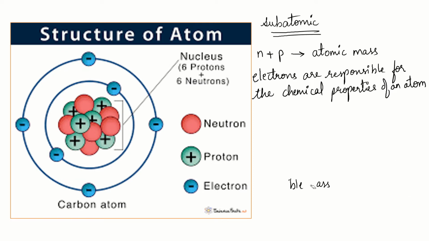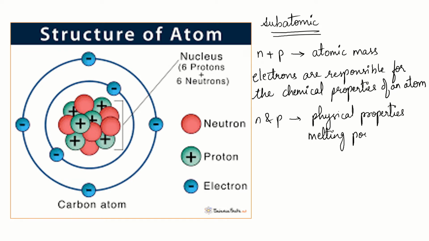They never leave the nucleus, they are tightly bound in the nucleus to the neutrons. So it is the electrons that actually participate in the chemical reactions, and that's how you can say that electrons define the chemical properties of an atom, whereas the atomic mass, or the neutrons and protons, are responsible for the physical properties of a particular atom, which is melting point, boiling point.